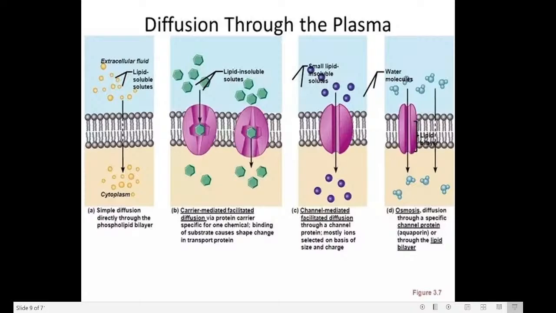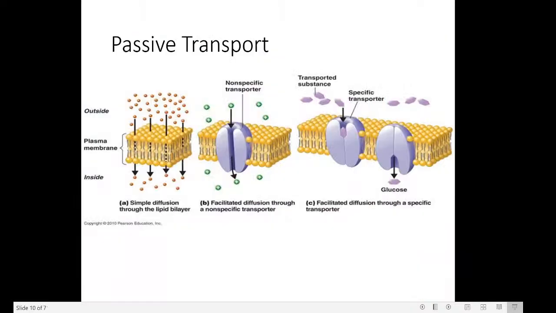Another route is the channels, which are ionic channels. Then water molecules are absorbed based on the concept of osmosis. These are the four concepts: normal diffusion, channels and carriers, then the osmosis process. Osmosis helps to transfer water molecules. Normal diffusion helps with lipid exchange.